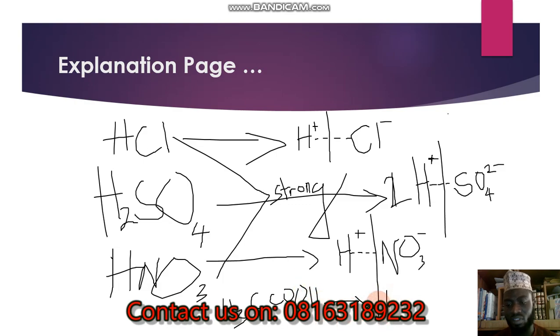There will be a hydrogen ion, and the rest becomes CH3COO-. So in this case there's a partial ionization. You can see there's still hydrogen attached to this, right? If it were a full or complete ionization, there should be no hydrogen here. So this is the difference. These three are strong acids. Why?